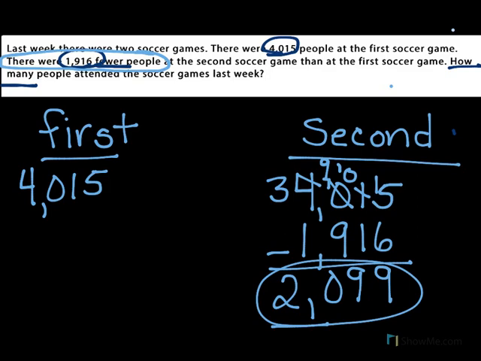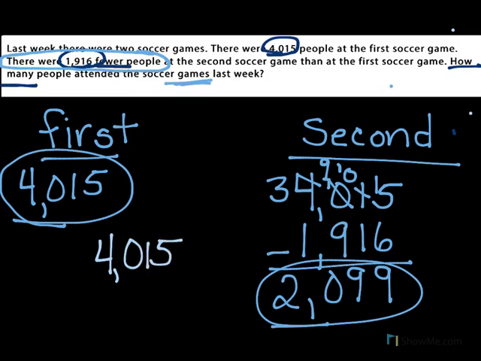But that is not the answer. Because the question says, how many people attended the soccer games? So this is a 2-step problem. So if 4,015 people attended the first and 2,099 attended the second, then I need to add.